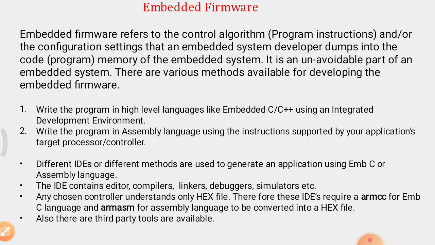ARMCC is a cross compiler for the C language. ARM is Advanced RISC Machine, the target processor we are writing for. So we need ARMCC, a cross compiler, for embedded C to be converted into a hex file, or else we require ARM ASM, the ARM assembler, for assembly language to be converted into a hex file.